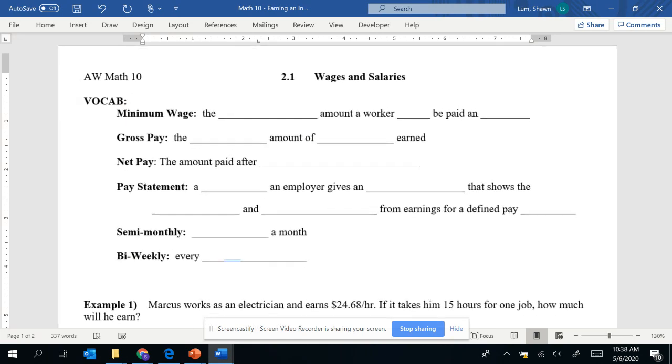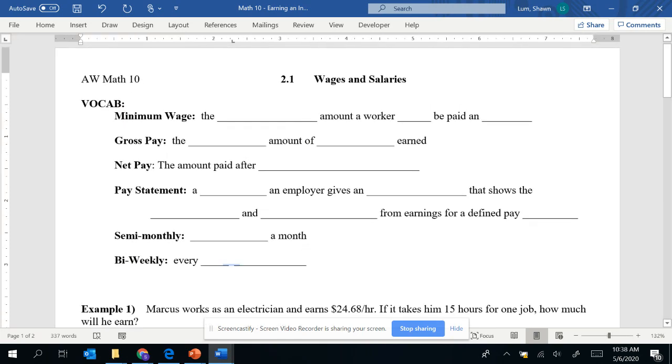So, we're going to go over some vocab. The first thing is the term minimum wage, and I'm sure that many people understand what this means. But minimum wage is the minimum amount a worker can be paid an hour.